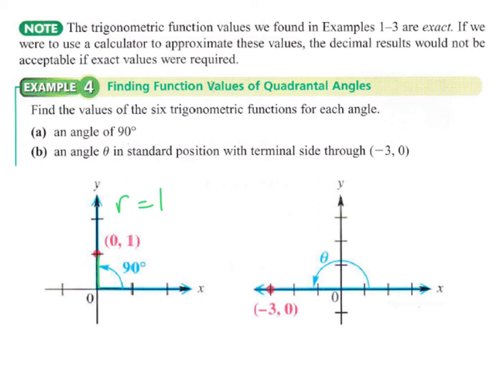And so, same thing, we have our x and our y, x being negative 3, y being 0. R would actually also be 3, again the distance from the origin out to that point. So you can see those x, y, and r, so again you can still find those 6 trig function values from there. I'm just going to show you those on the next slide.